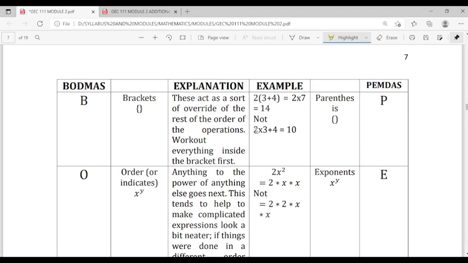For B, which is the brackets or parentheses, we solve first what is inside the parentheses. So 3 plus 4, we have 7. But then we multiply by 2 and we come out with 14, not 10. Because what was done here was removing the open and close parentheses and then continuing to solve from left to right.